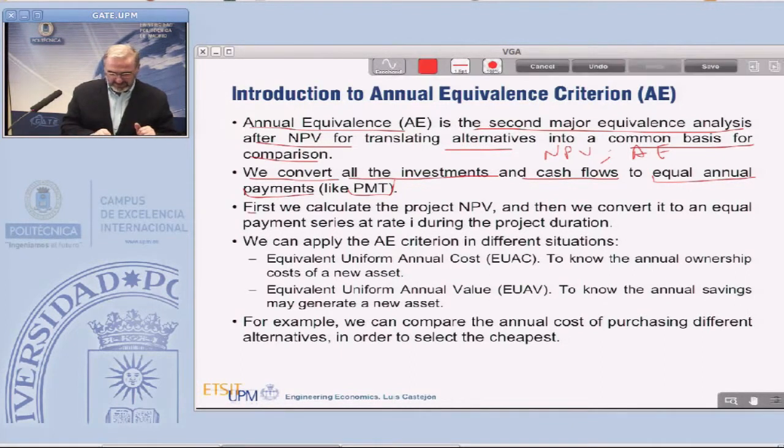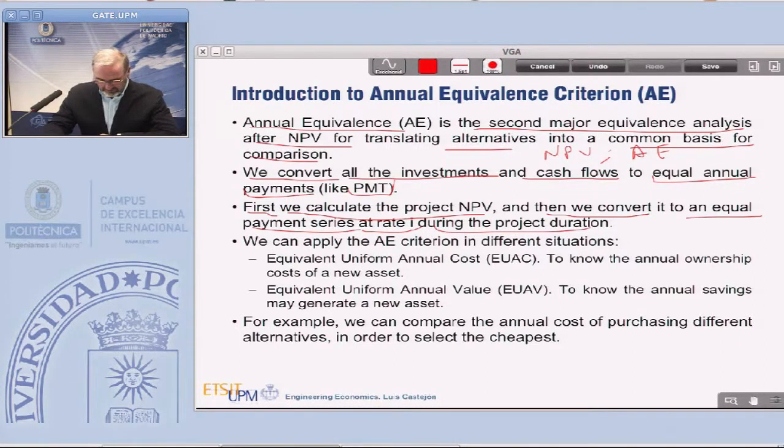So first step, we calculate the project net present value, we know that, and then we convert this net present value into an equal payment series at the interest rate, the cost of capital, during the project duration.